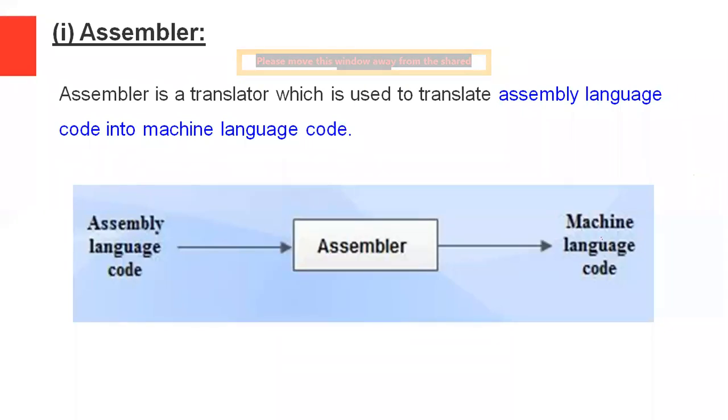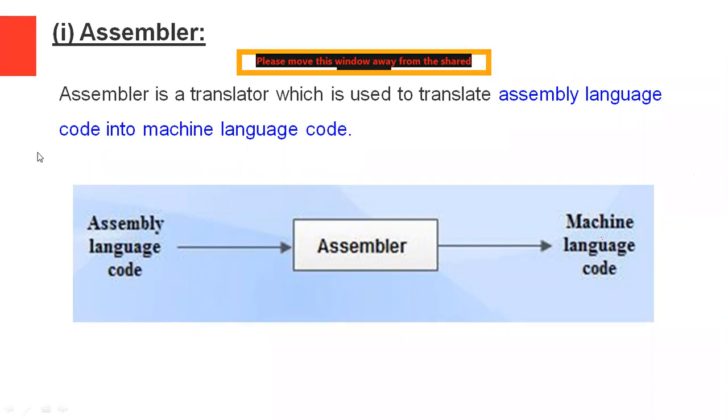So assembler, as we saw in the language processing system, we are getting assembly level language that is converted into machine code, that is object code, by using the assembler. So assembler is a translator which is used to translate assembly language code into machine language code.